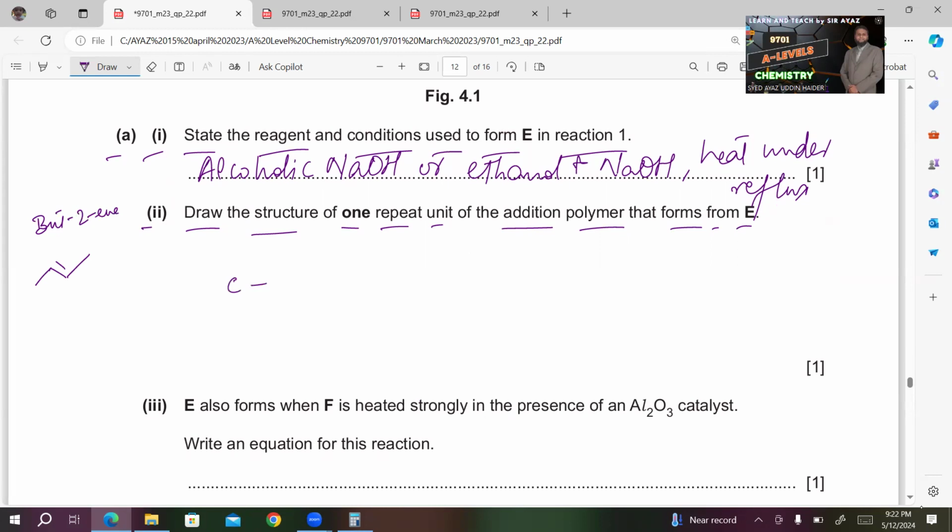Removing the double bond, having 2 CH3 in it, so it must be like this. Double bond is removed. This must be the one repeat unit for the addition polymer formed here.